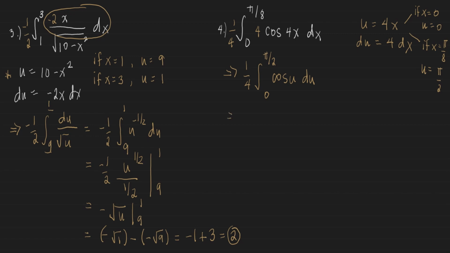Then we evaluate, so we copy the coefficient. Our integral for cosine of u is sine of u. Then we evaluate this from 0 to pi over 2. So we first substitute our upper limit of integration, that would be pi over 2, minus, this time we substitute our lower limit of integration, so we get sine of 0.